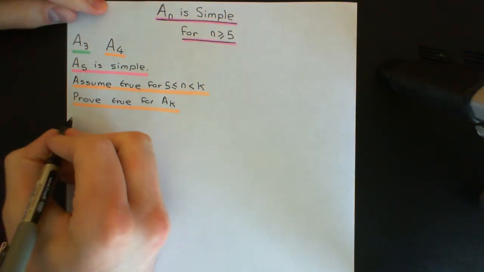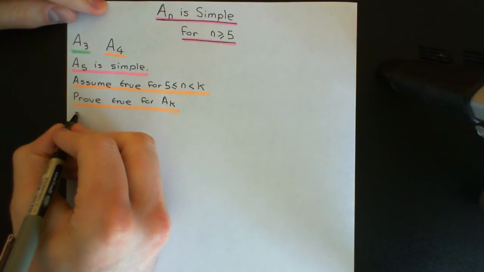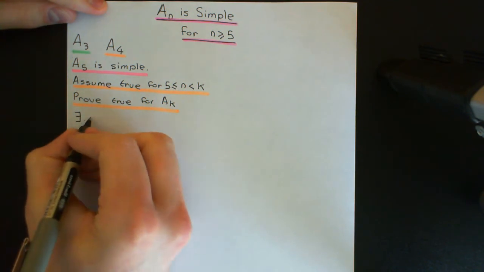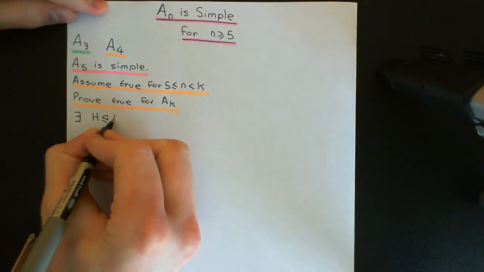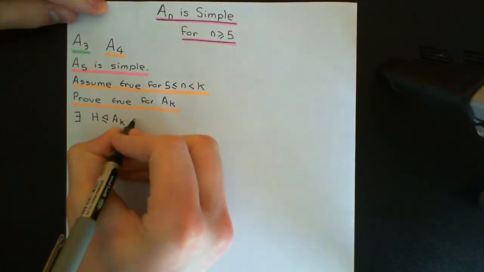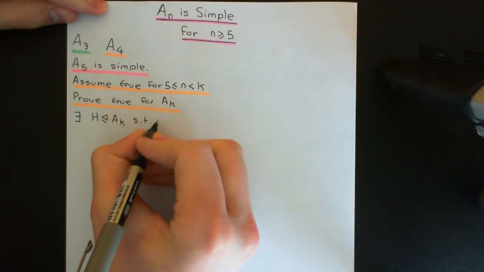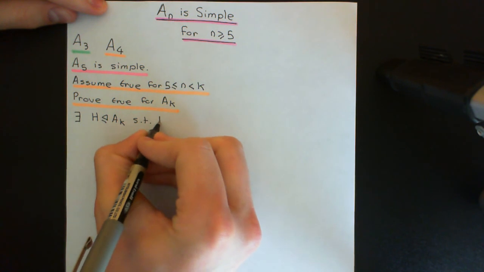Okay, so we will therefore assume that there does exist some normal subgroup, which I'll call capital H here. So there exists a normal subgroup, capital H, in A_k, such that this normal subgroup is neither the trivial subgroup nor the improper subgroup.